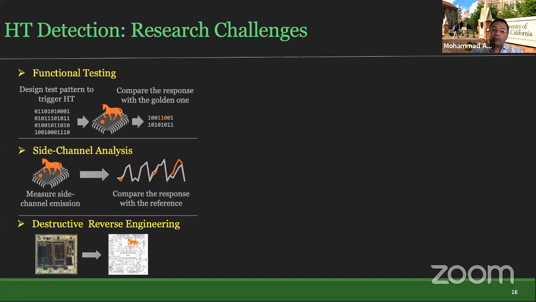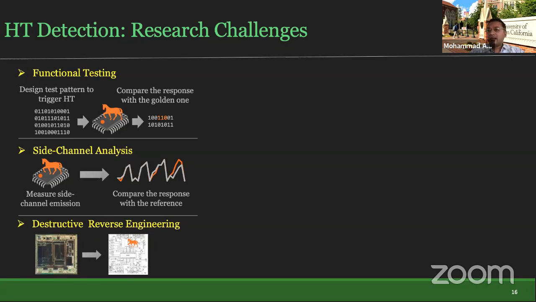Then a second group of people tried to use side channel analysis. By that I mean that when you are running or executing the chip, it emits other physical parameters like power, electromagnetics, or other modalities.